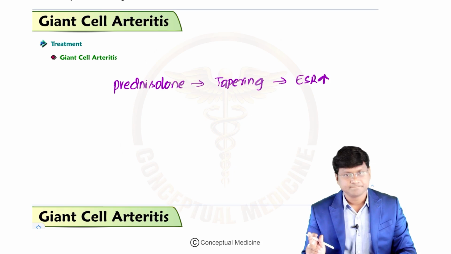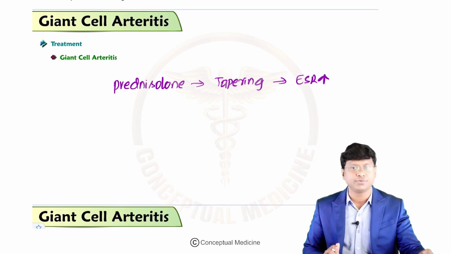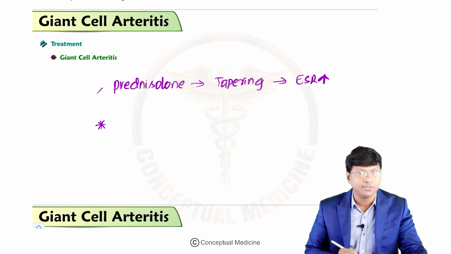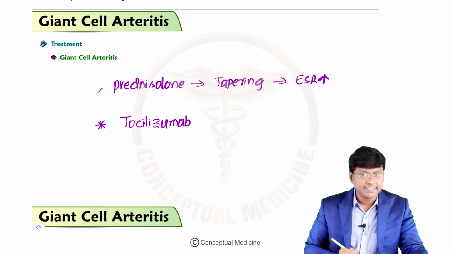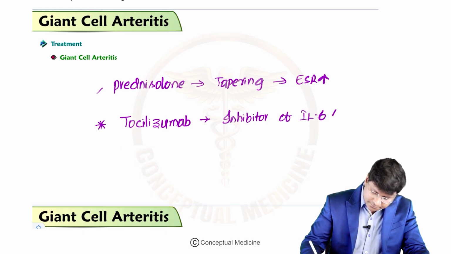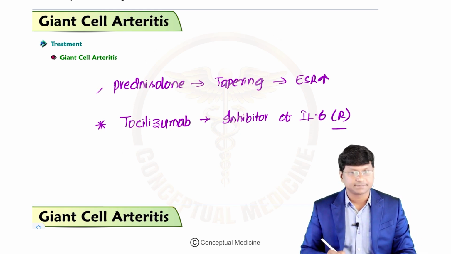Don't do that. Next, apart from this prednisolone, we have another inhibitor of the interleukin 6 receptor. Right? And that particular inhibitor of interleukin 6 is tocilizumab. Right? What is this? It is an inhibitor of the interleukin 6 receptor, right?